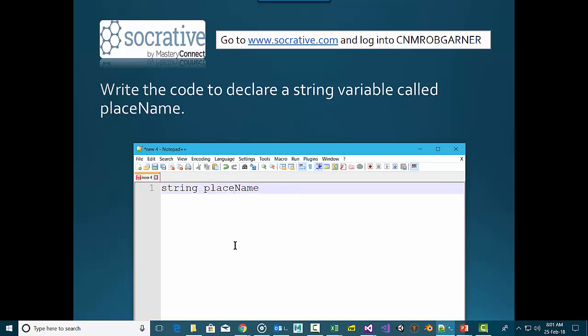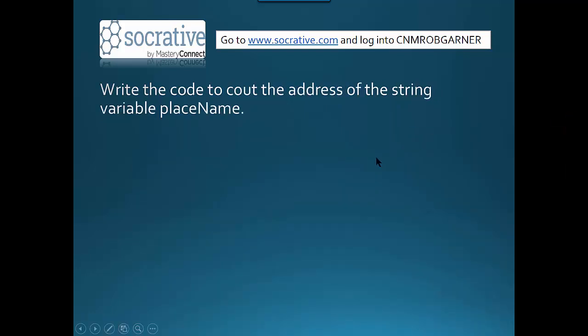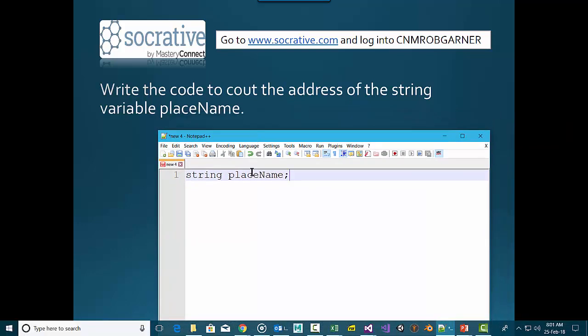Pretty simple. Now write the code to cout the address of the string variable placeName. Pause, write down the answer, and hit continue. So the code to cout the address of the string would be something like that.